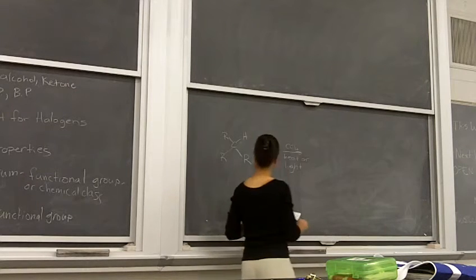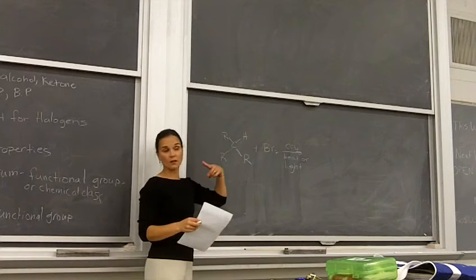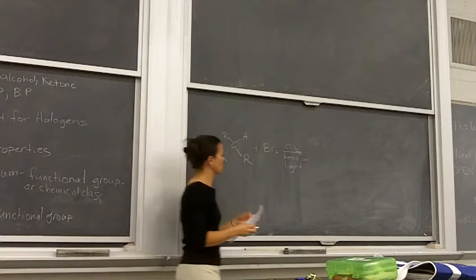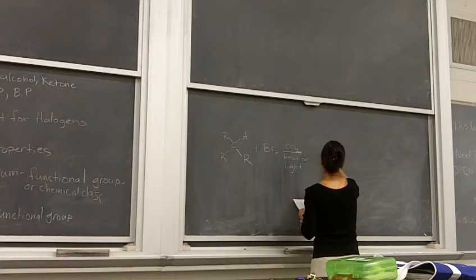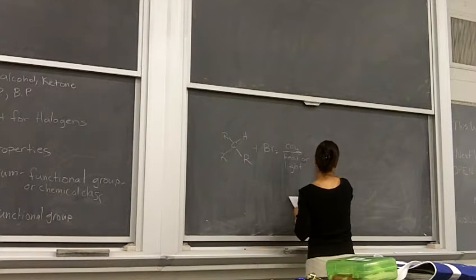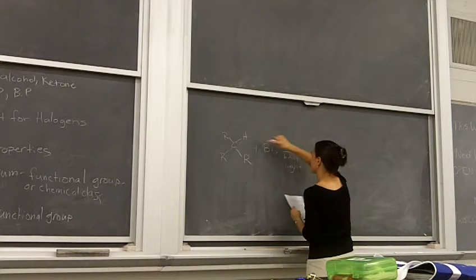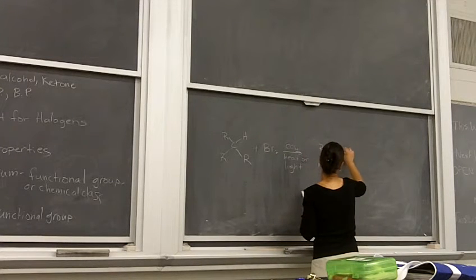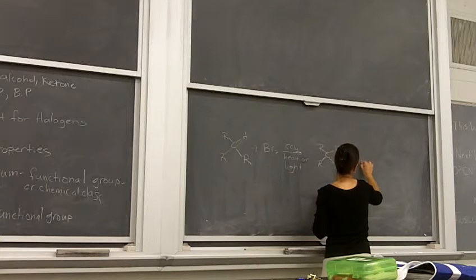Instead of that addition across the double bond, you will get a substitution reaction, and it will substitute for that proton, and then it'll give off HBr.